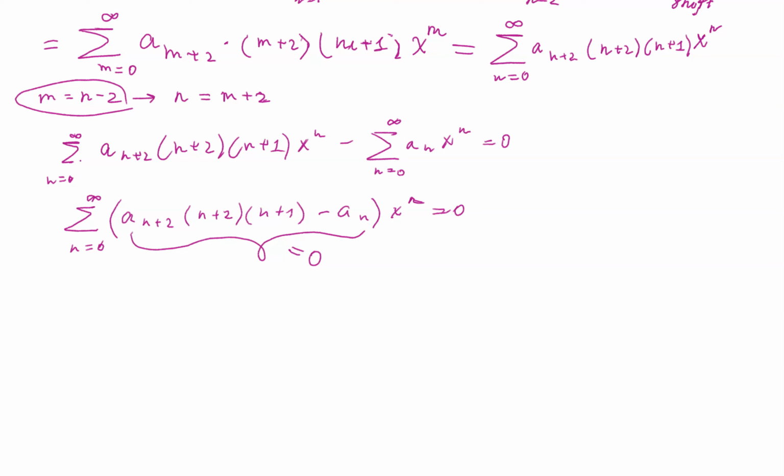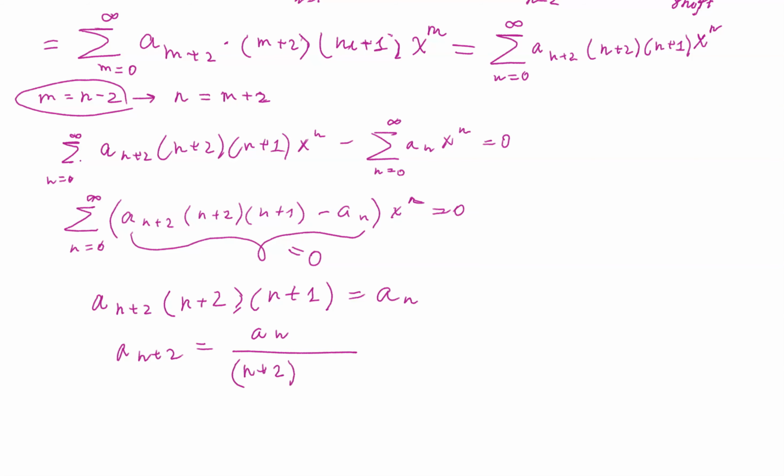Well, I'm going to set the coefficients equal to 0, and I'm going to write down a_(n+2)(n+2)(n+1) equals a_n. I just moved this a_n from the left side to the right side. Now I can solve for a_(n+2), and I'm going to get a_n divided over (n+2)(n+1).